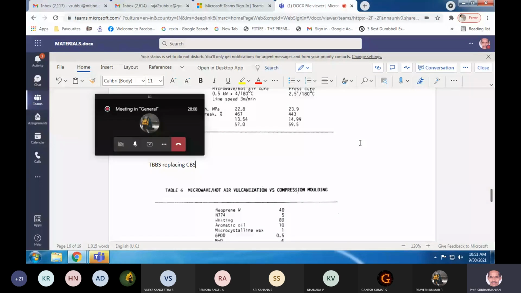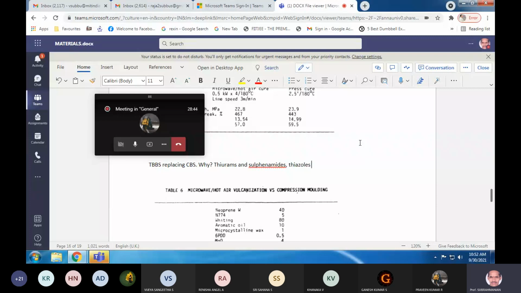Certain accelerators, including thiurams and sulfonamides, even thiazole, after all, sulfonamides decompose and liberate thiazole.